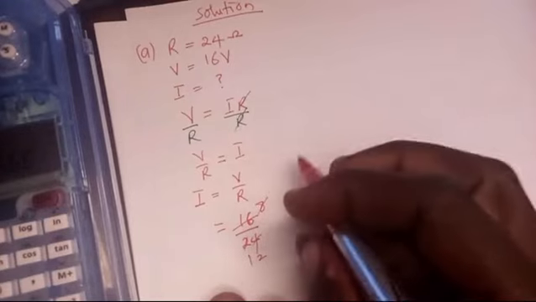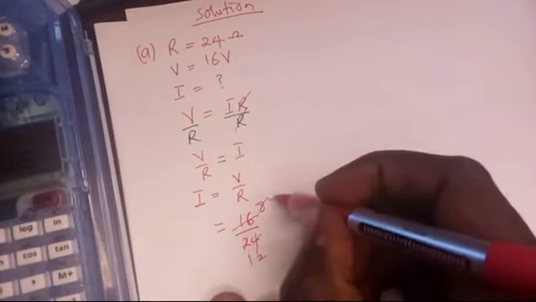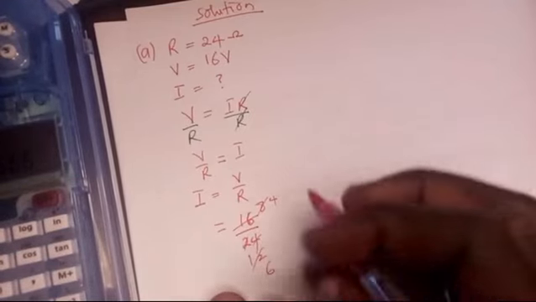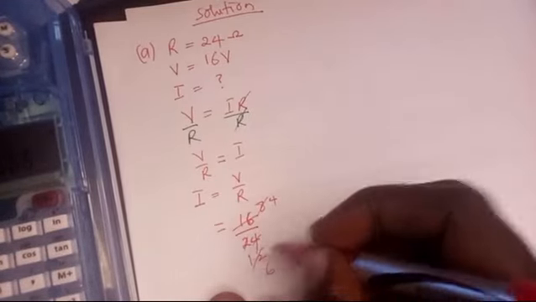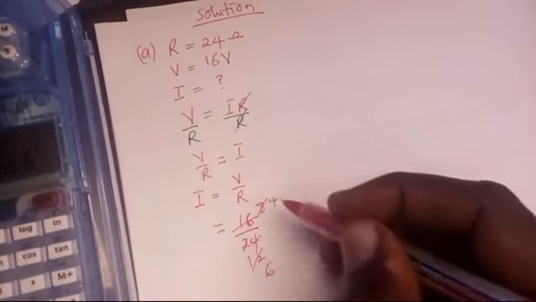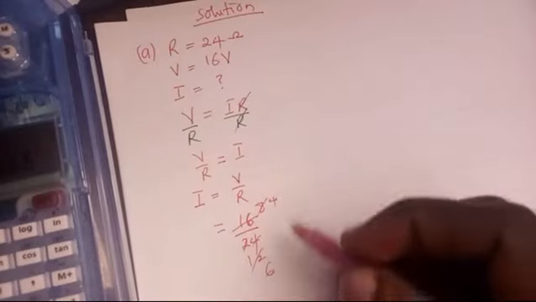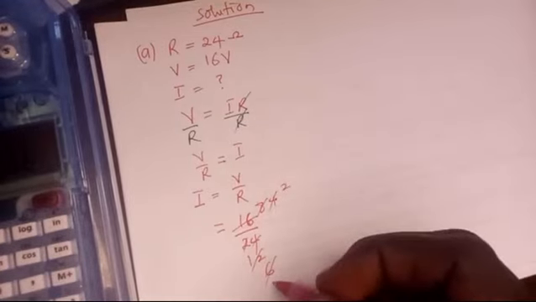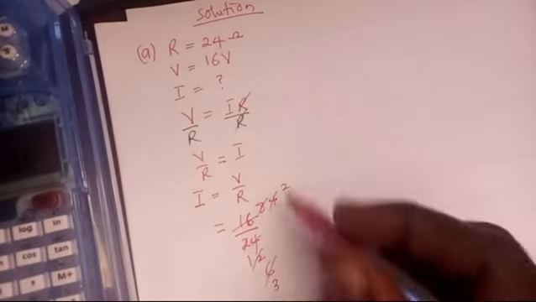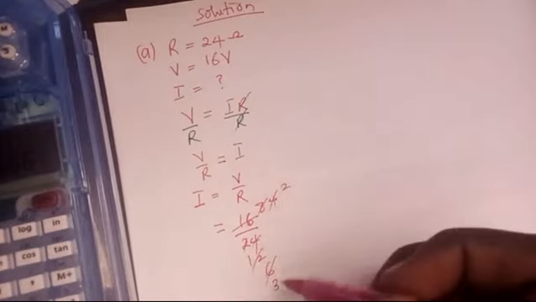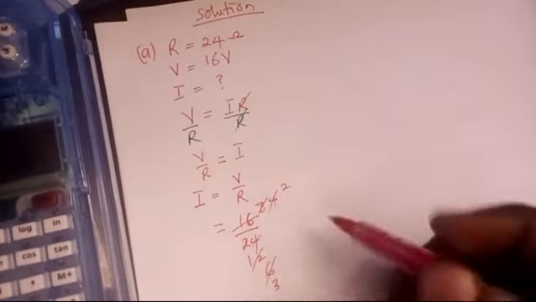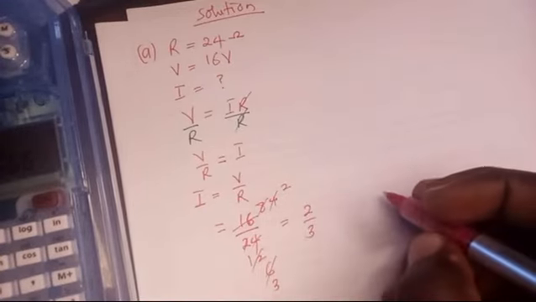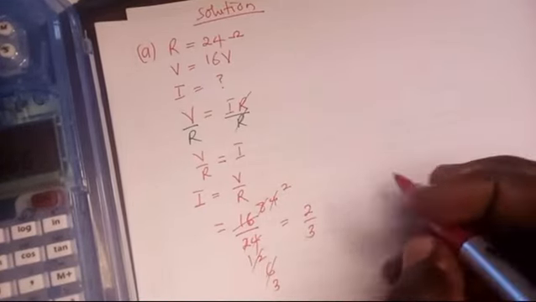So 2 into 8 will be 4, because 2 times 4 is 8. 2 into 12 will be 6, because 2 times 6 will give you 12. Again, here you have 4, here you have 6, 2 can still enter, 2 into 4 is 2, 2 into 6 is 3. Now 2 cannot enter into them without any remainder. They are both prime numbers, so our answer will be 2 over 3 in fractional form.